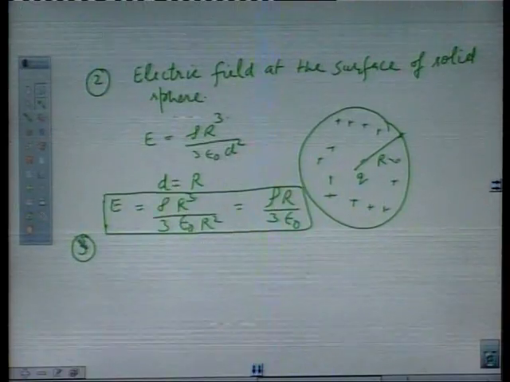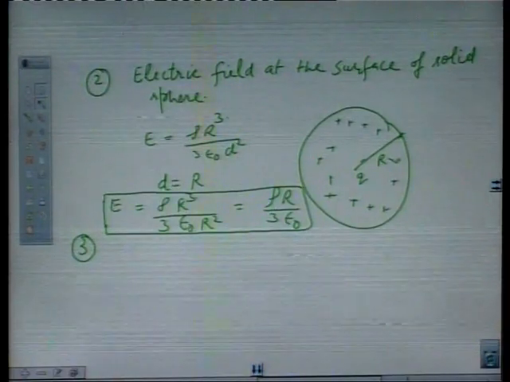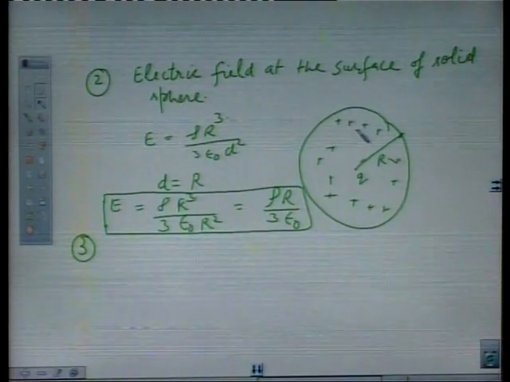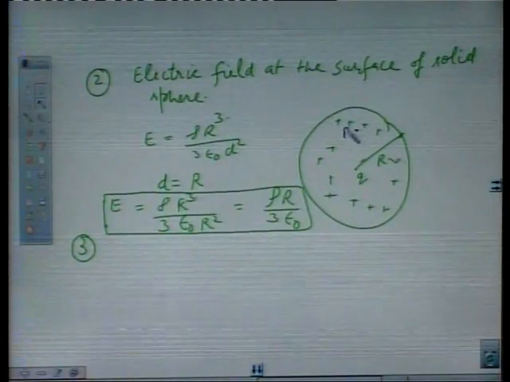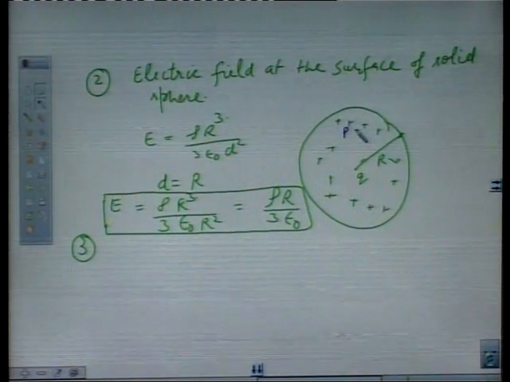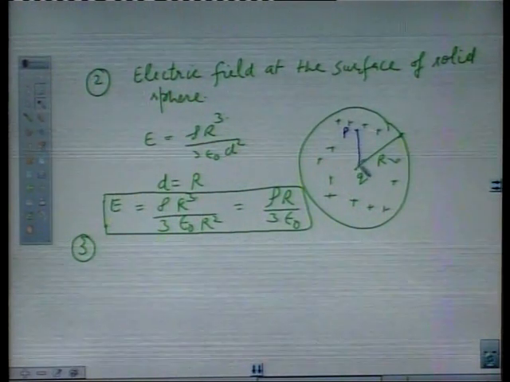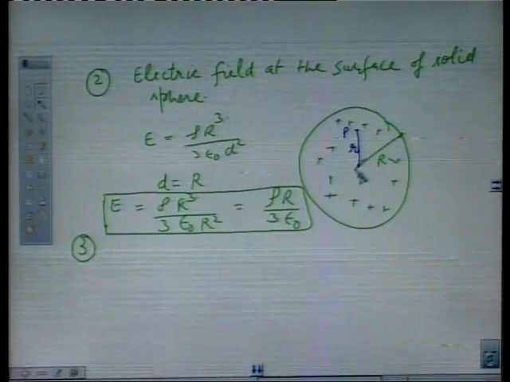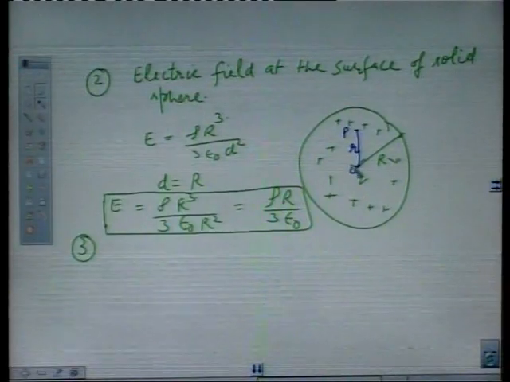Now third, we will find the electrical field inside the surface. Suppose we have this point which is lying inside the solid sphere and it is at a distance small r from the charge q lying at the center.